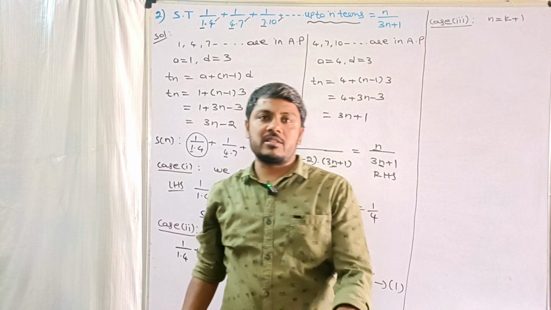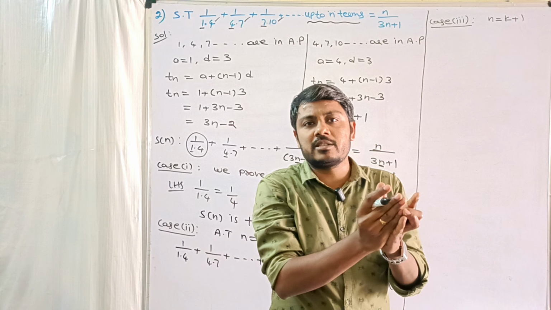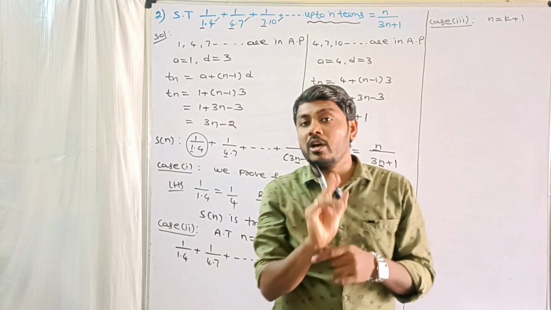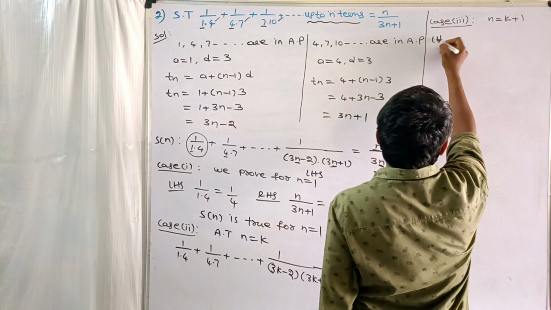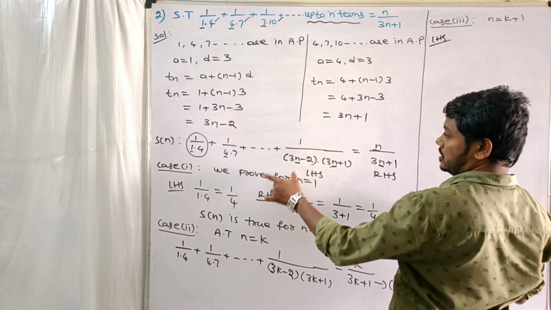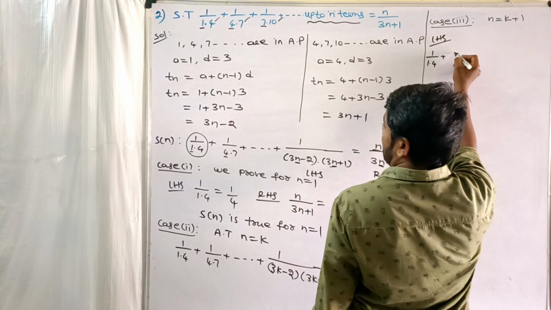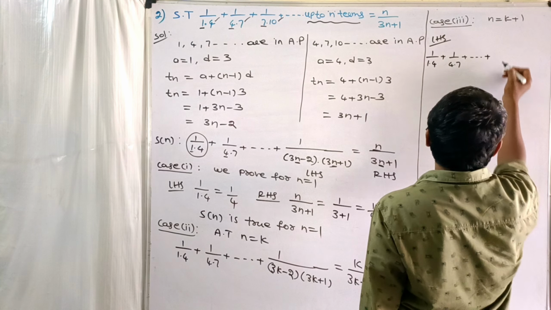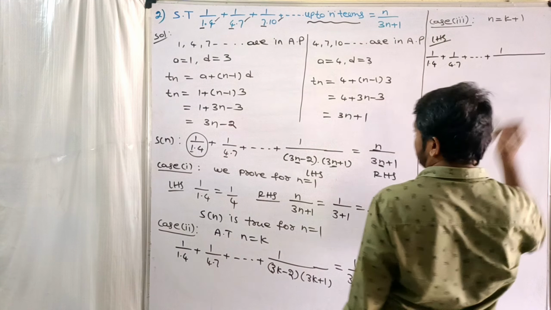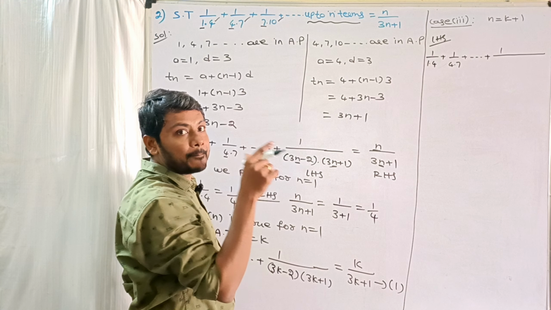So next, what is case 3? You prove for n is equal to k plus 1. So consider LHS, and from the LHS we can prove RHS. First, LHS: 1 by 1 into 4 plus 1 by 4 into 7 and so on plus 1 by, replace n by k plus 1.